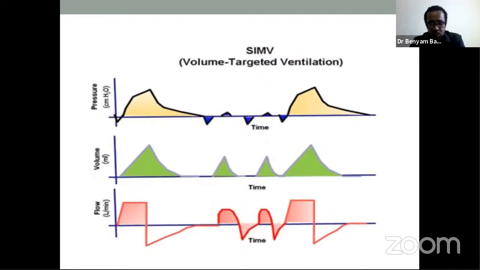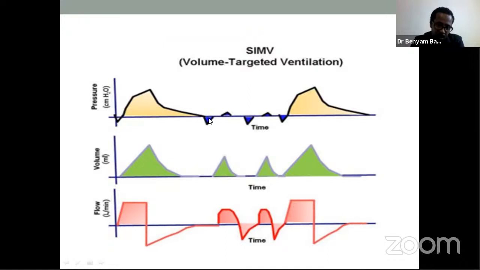So what happens when we use SIMV VCV mode, but we set the pressure support to 0, or we're not giving any pressure support? The patient initiates or triggers a negative pressure, and the assisted volume is delivered.